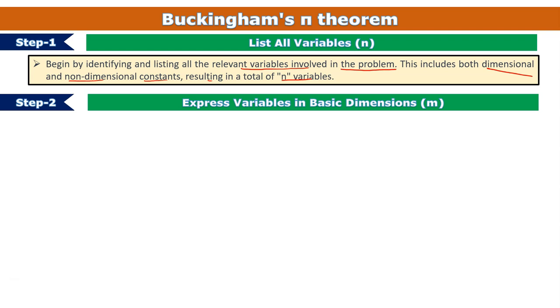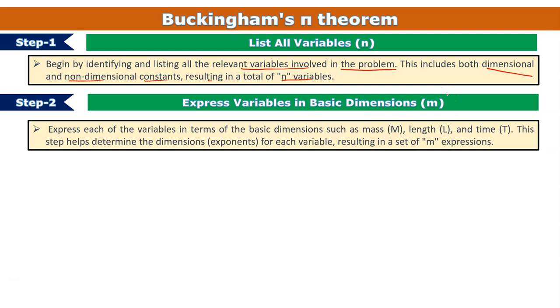Step 2, express variables in basic dimensions. So what are the basic dimensions? Express each of the variables in terms of basic dimensions such as mass, length and time, meaning fundamental dimensions. This step helps to determine the dimension exponent for each variable, resulting in a set of m expressions.